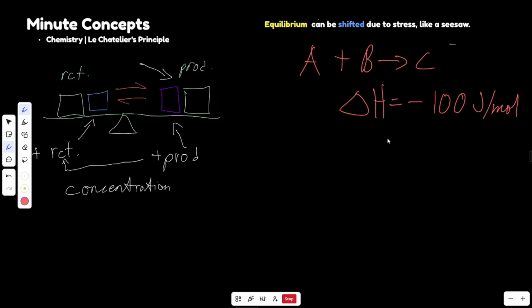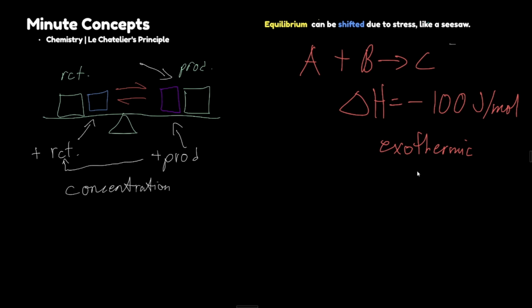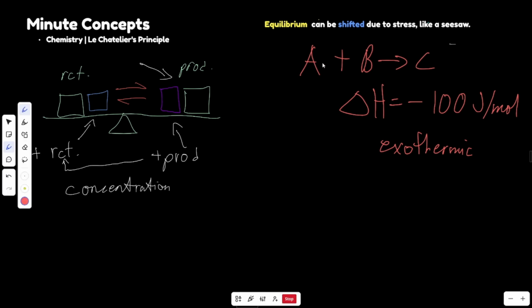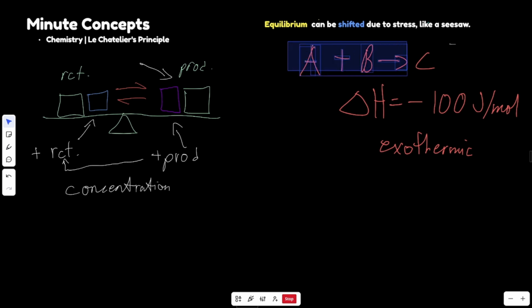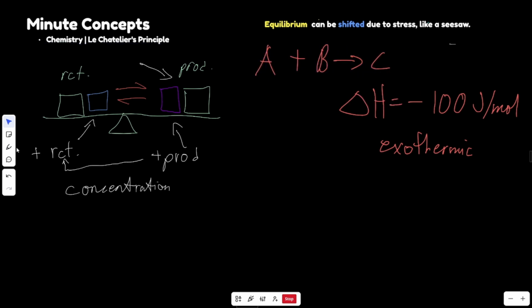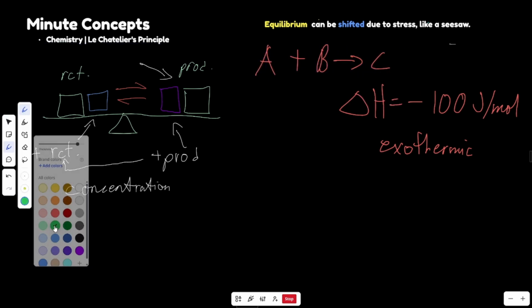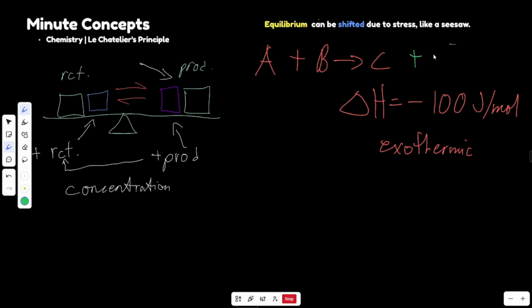Now, this is an exothermic reaction. What does this mean? When we have an exothermic reaction, basically what we're saying is this is also equal to the addition of heat. So we'll add a plus sign here, plus heat, right?